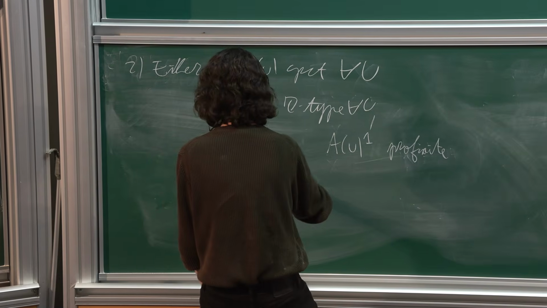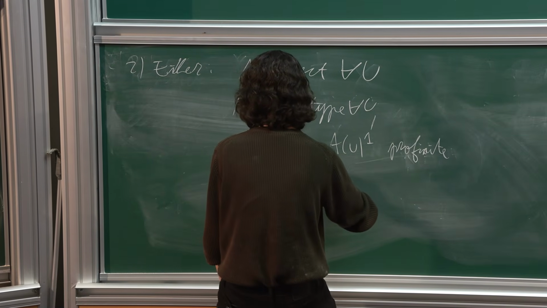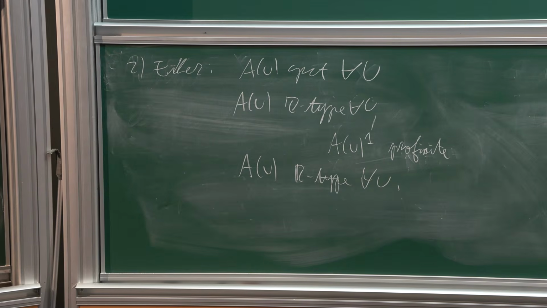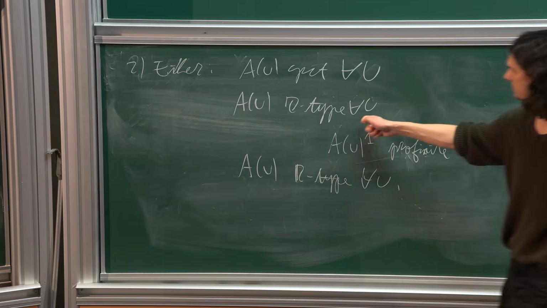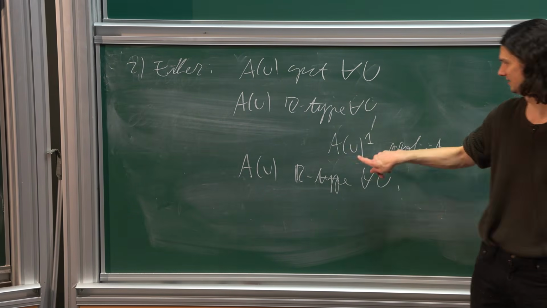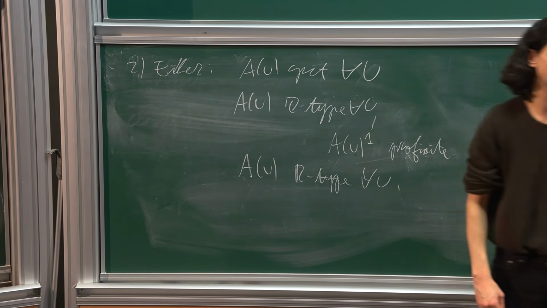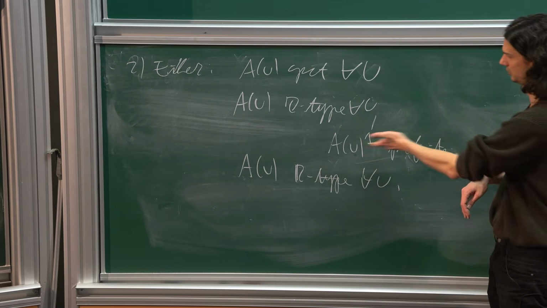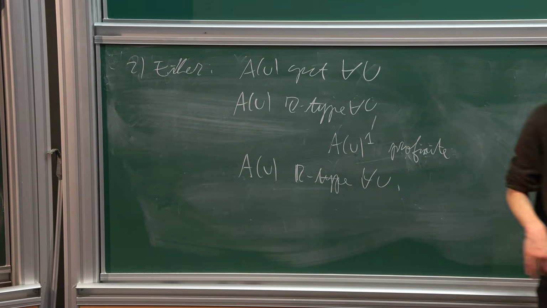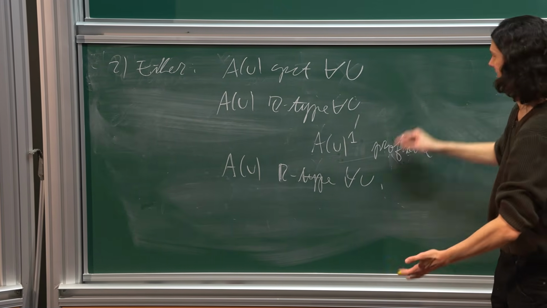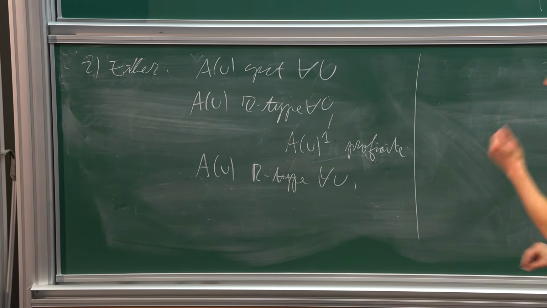Or A of U is R-type for all U. Okay, so in the Z-type case, you have this quotient which is isomorphic to Z, and I denote this by the kernel. In general you could only assume it's compact, but I'm going to assume it's actually profinite. In the non-Archimedean case, it turns out in practice that you're in these situations.